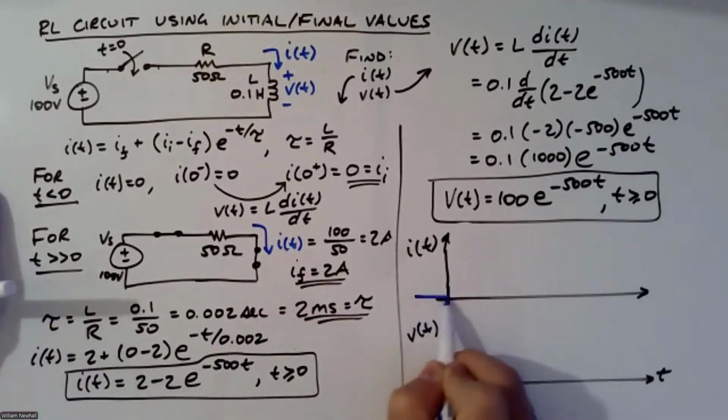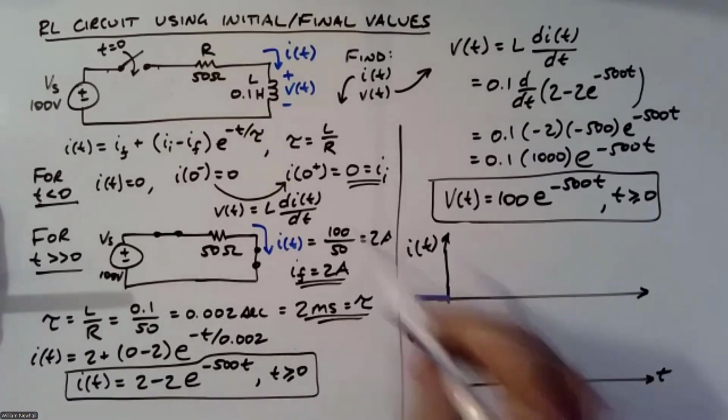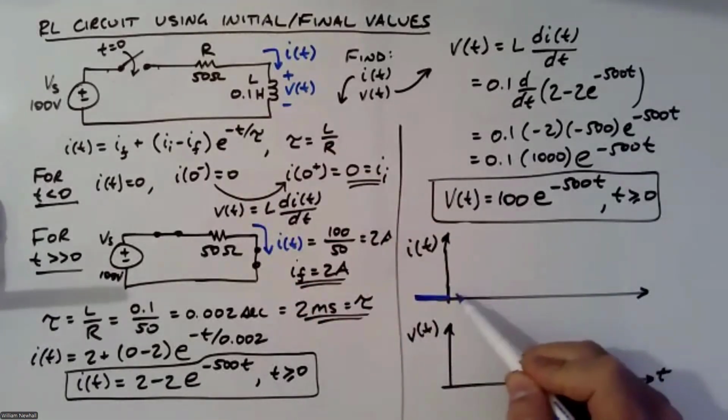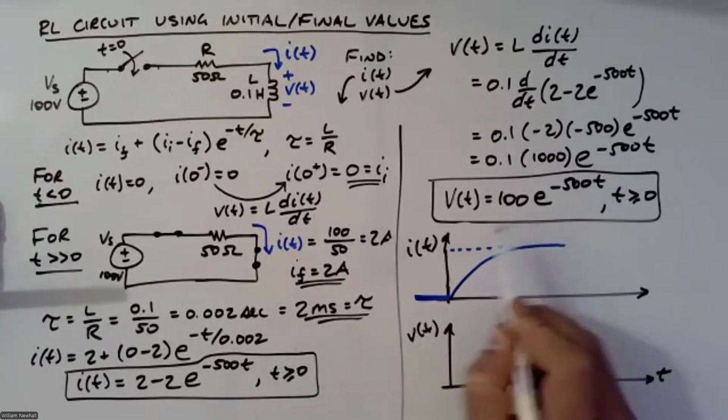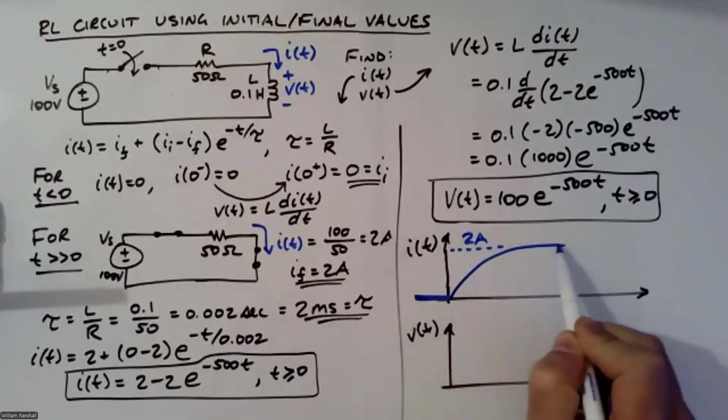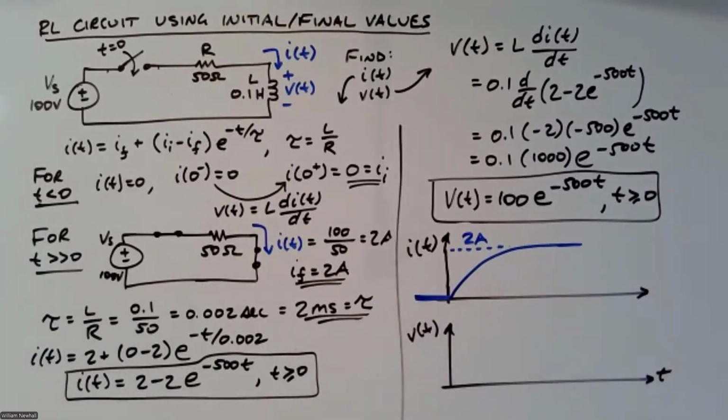Okay, so we have I of t. We know it starts out at 0. The switch is open. And then you have this exponential rise, and it's steady state at about 2 amps. Okay.